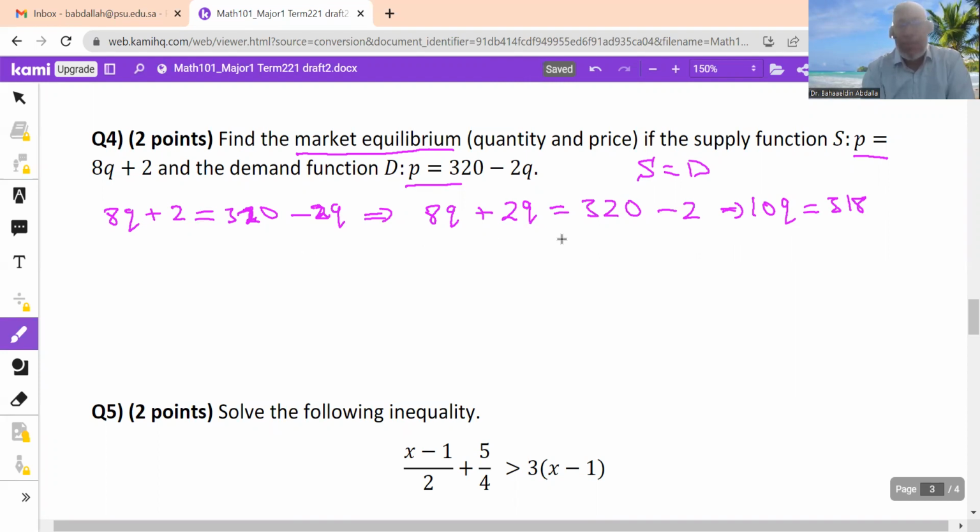All right, so Q would be 318 divided by 10, so it's 31.8. This is the quantity.